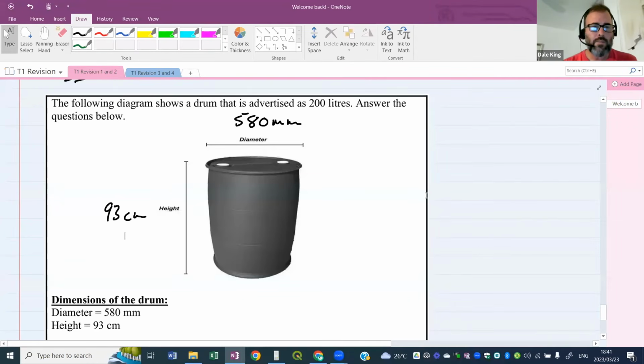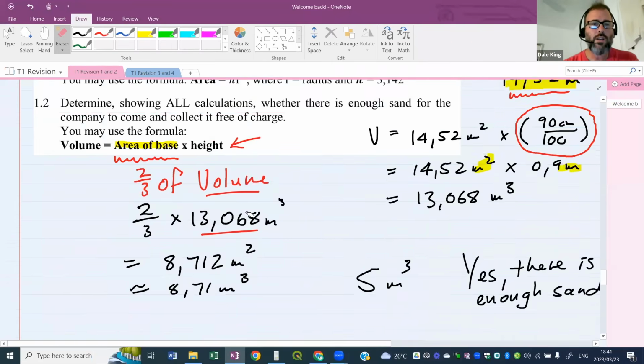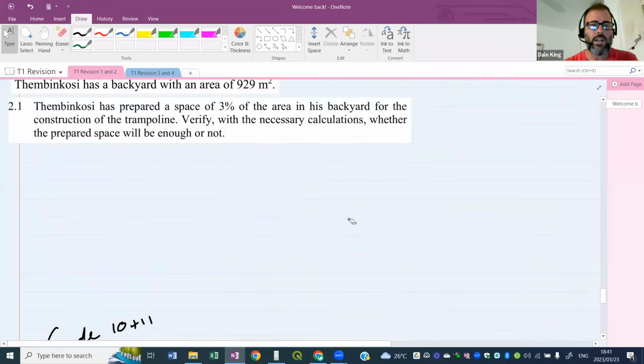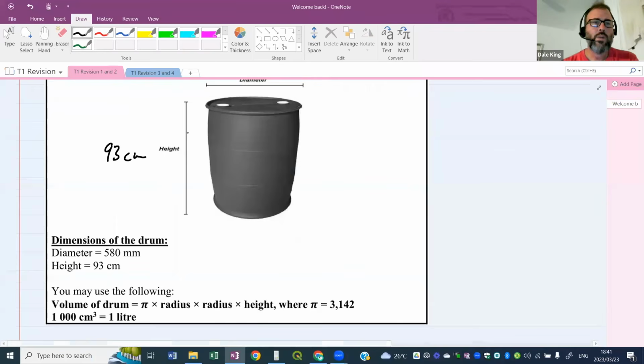All right, let's move down. You may use the following. Now look at this formula. Volume of drum. This is a cylinder. If I go back up to the top formula, that was also different. In fact, the formula that I showed you guys when we did volume of cylinder was V equals pi times r squared times height.